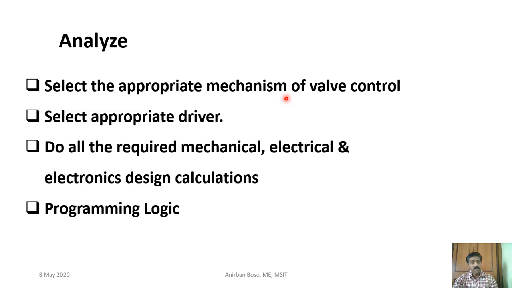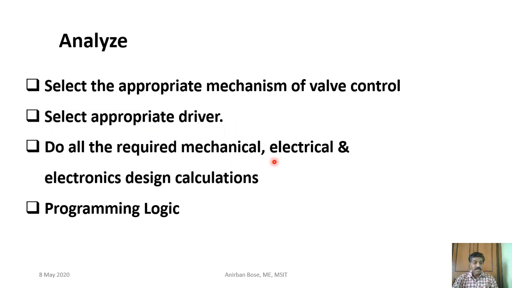Definitely those who have already done the course on kinematics of machines know that there are different kinds of mechanisms by which we can generate different kinds of motion, right? So selection of that particular mechanism is a challenge. Select an appropriate driver, whether you are using a servo motor, and then what is the size and specification of the servo motor. These are again design challenges in that area.